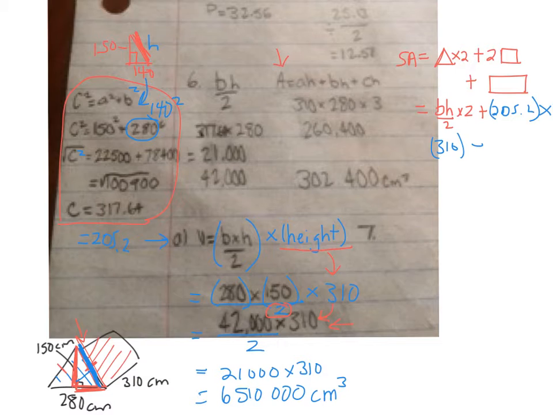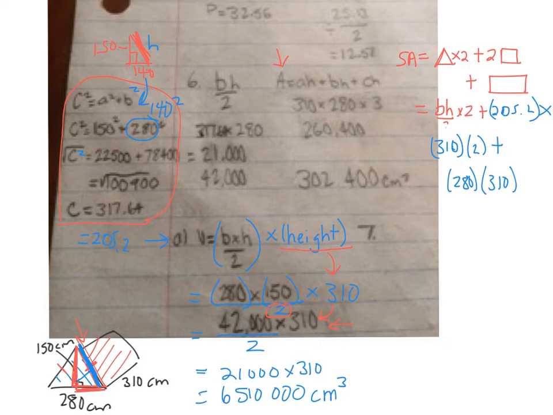And then we have times 2, because there's the 2 sides, the side we can see and the side in behind. And I'm making a mess of this. I'm sorry. So 310 times the 2, and then on top of that, the bottom rectangle is simply length times width, 280 centimeters by 310.